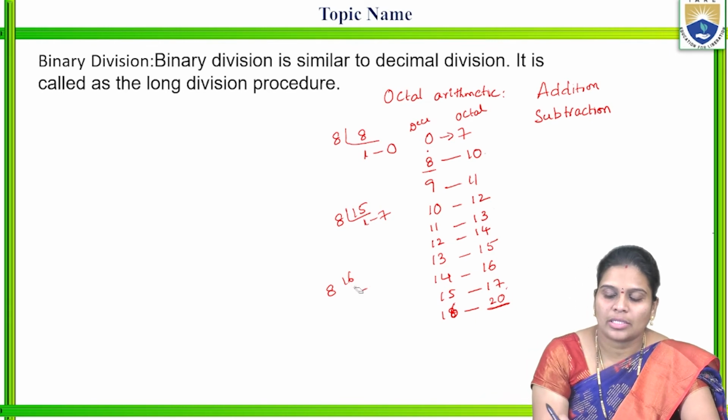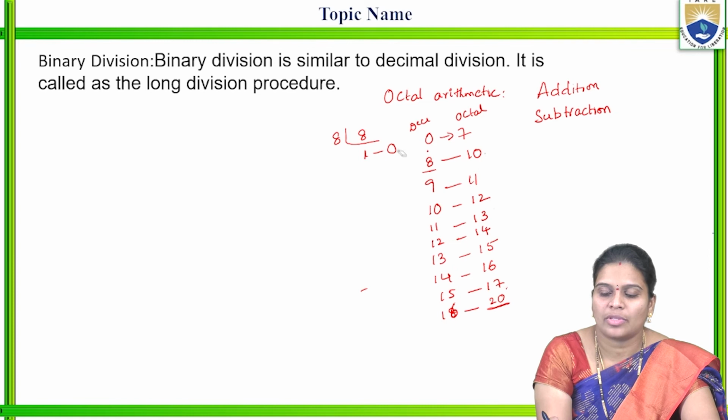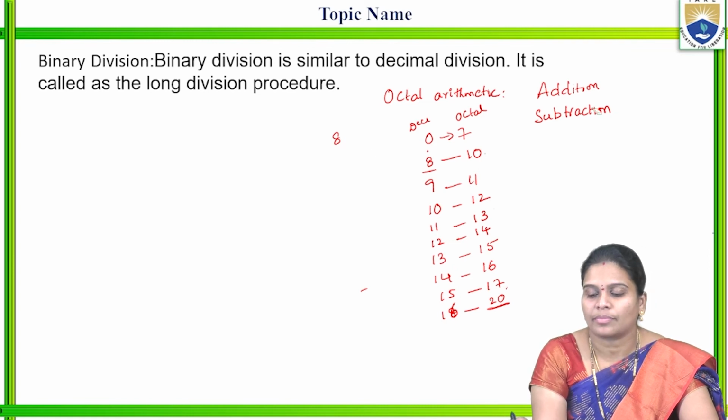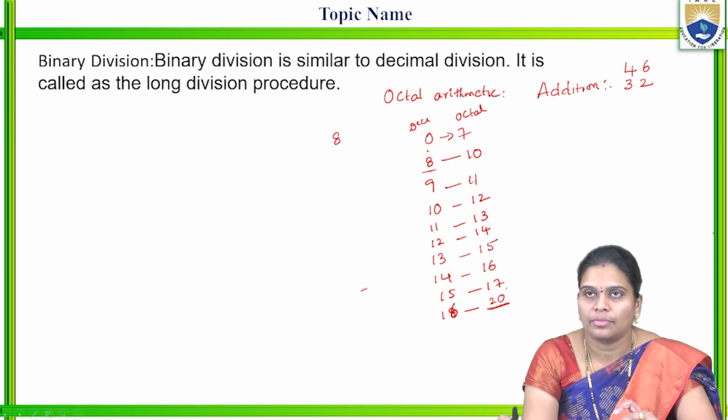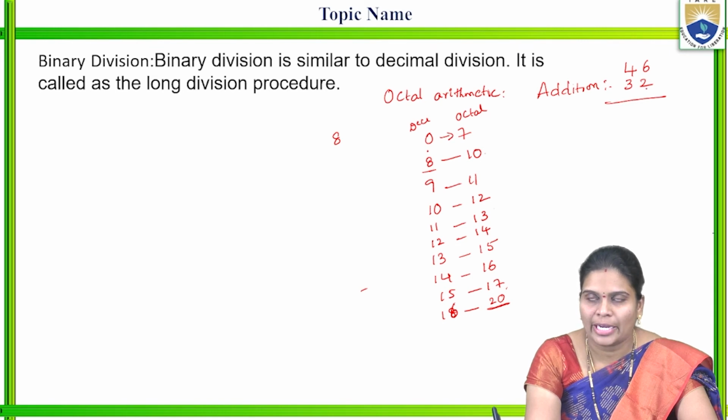Let us take one example of octal arithmetic, octal addition. The first one is 4, 6 and 3, 2. So 6 plus 2 is 8.